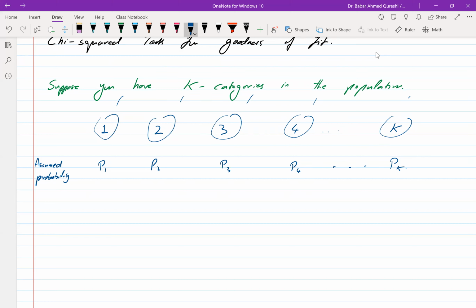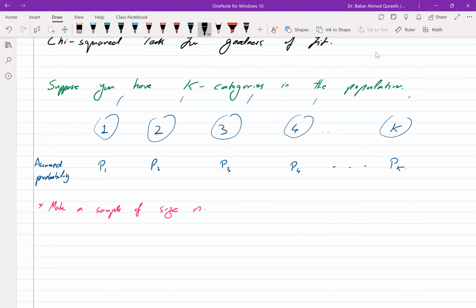Now, based on these assumed probabilities, if you make a sample of size n, then you have picked n elements from the population, and these are the probabilities given.